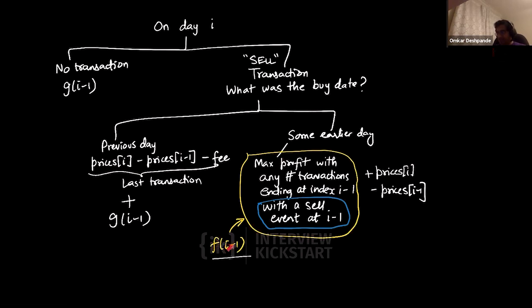So if we define f of 0 to be 0, we are actually giving away free money, because at index 0 there was nothing, no profit, and we get to extend that solution without paying a fee. So in effect, these two should be identical.